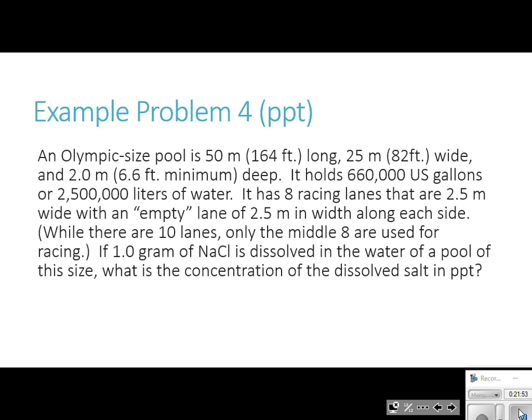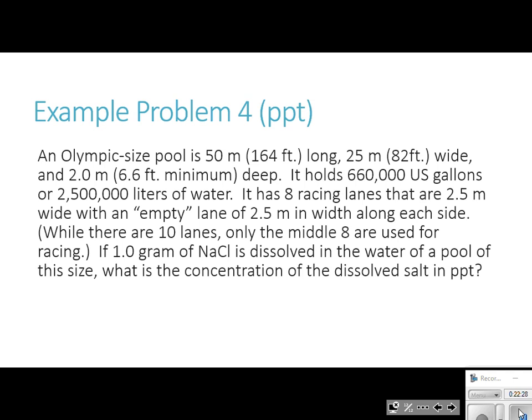It says that an Olympic-sized swimming pool is 50 meters long, 25 meters wide, 2 meters deep. It holds 660,000 U.S. gallons, or 2,500,000 liters of water. It has 8 racelanes that are 2.5 meters wide, with an empty lane of 2.5 meters width along each side.